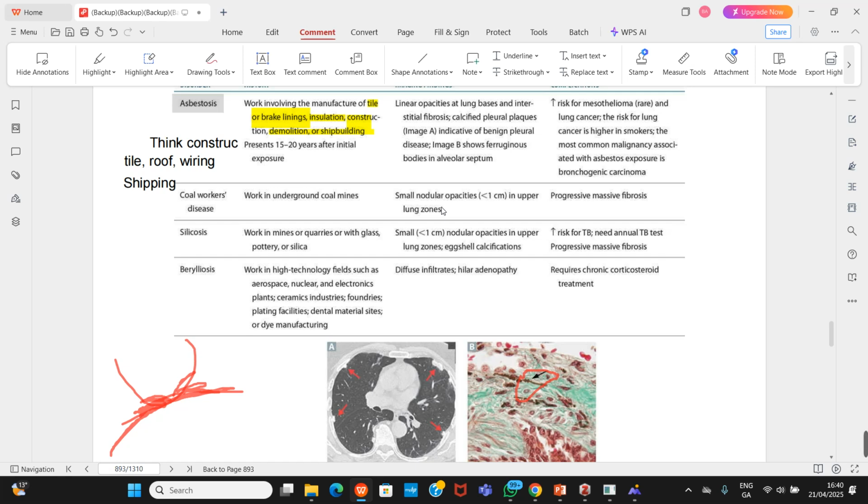So aerospace, nuclear weapons, electronics, ceramics, foundries, dyes, they can get exposed to the beryllium, and that one is going to cause diffuse infiltrate in the lungs with hilar adenopathy. So this one can be treated with steroids. Out of everything, you can treat berylliosis with steroids.